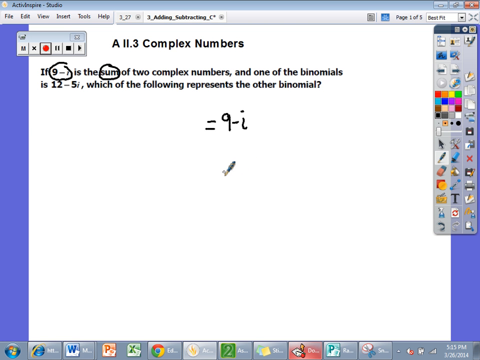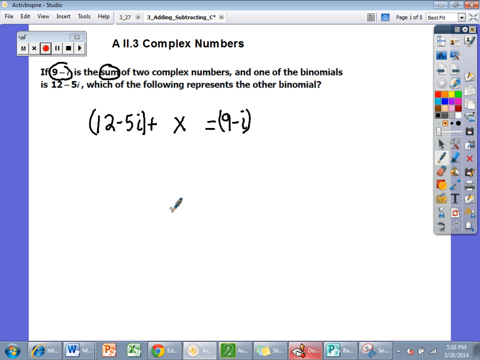It says one of the binomials is 12 minus 5i, so 12 minus 5i plus our other binomial, which we don't know what it is. I'm just going to call our other binomial x, is equal to 9 minus i. I'm going to put this in parentheses, and we know we want to solve for x.